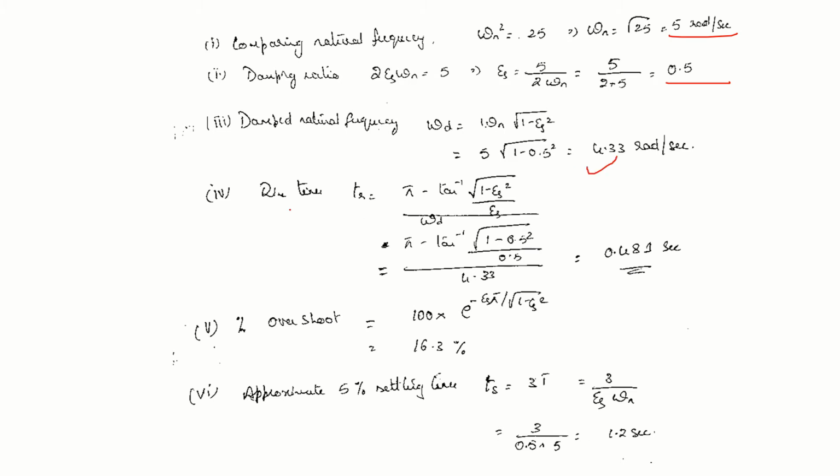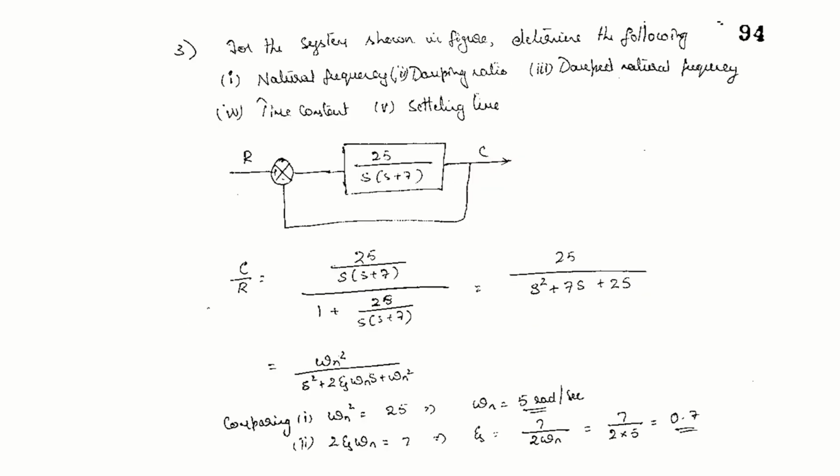You will get this. Rise time, substitute into this formula. Right, so all the values when you substitute, you will get this. Percentage overshoot, again if you substitute into this formula and calculate, you will get it. Ts is 3 by zeta omega_n settling time, so you will get 1.2 seconds. So you should remember the formulas.